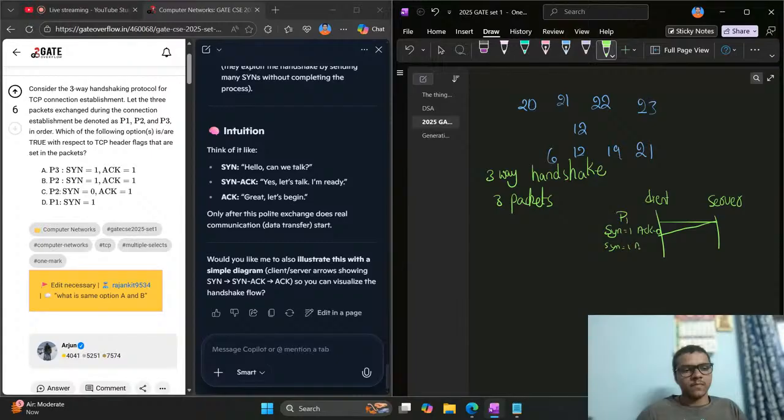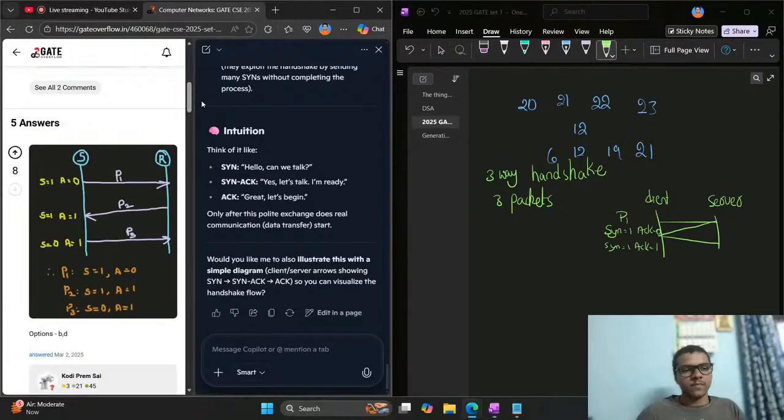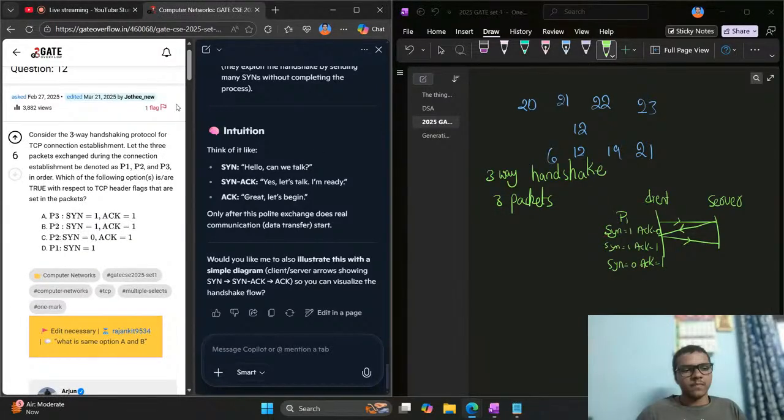SYN equals 1, ACK equals 1, and it will send again. This one is that, and that one is that. And then SYN equals 0, ACK equals 1. Okay.